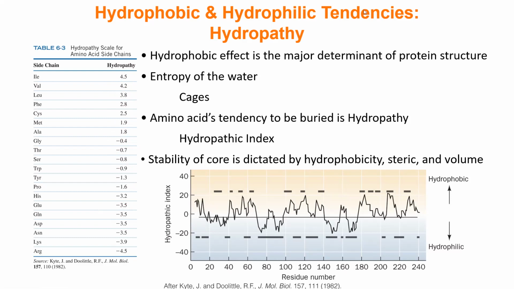So hydrophobic positive, hydrophilic negative. We can then look at the primary structure of a protein and predict what parts of the protein are going to be folded and unfolded based on this hydrophobicity index.